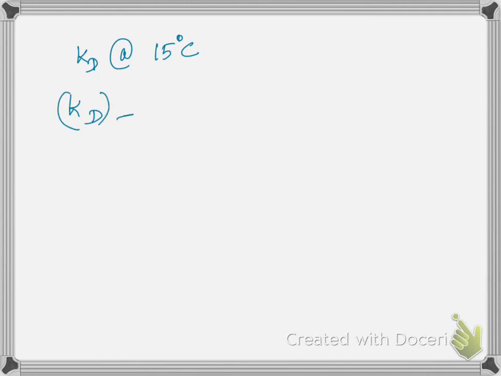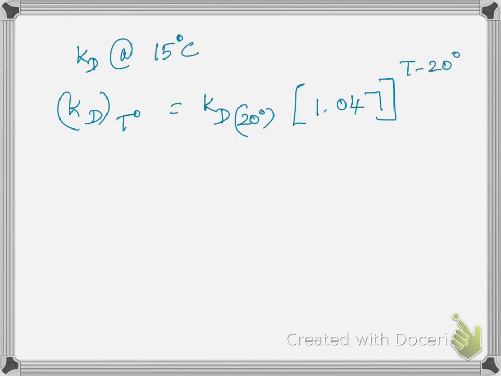Okay, so in that case, KD at T degrees Celsius will be equal to KD at 20 degrees Celsius into 1.047 power T minus 20 degrees. So this is the formula. What I have to get is the KD value at 15 degrees Celsius. KD at 20 degrees Celsius is 0.1, what we have determined earlier, and this is going to be 1.047.